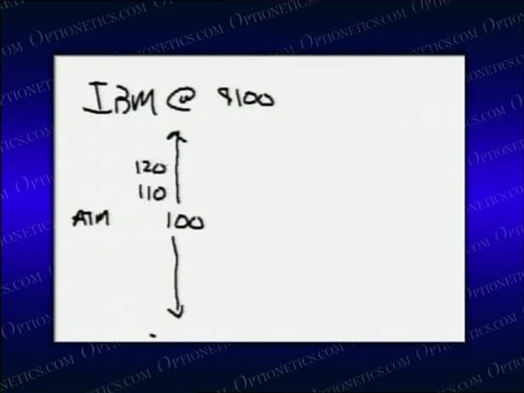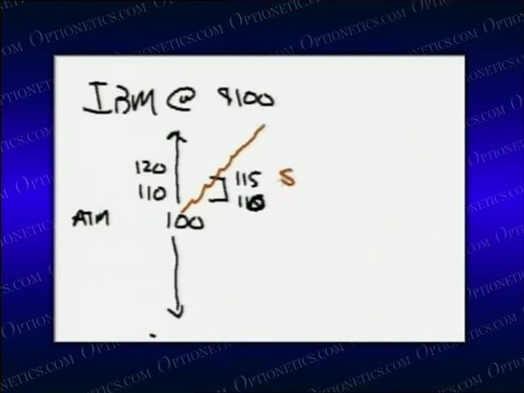Somewhere in the middle here, let's do a 110/115 bull put spread. What you're expecting to happen is IBM starts to move up.